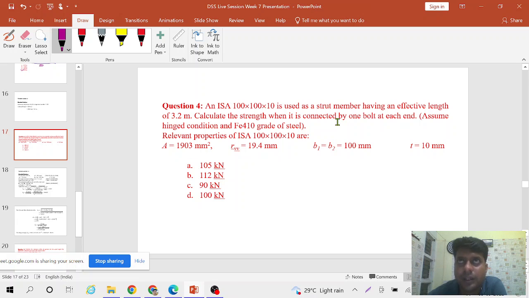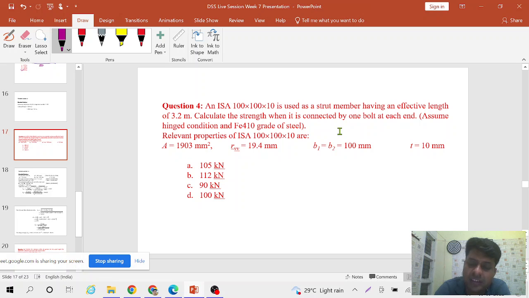I want to ask one more thing: what is the difference between column and stanchion? These two are compression members. A column is also a compression member and a stanchion is also a compression member. In steel buildings it is called a stanchion, and in RCC it is called a column.